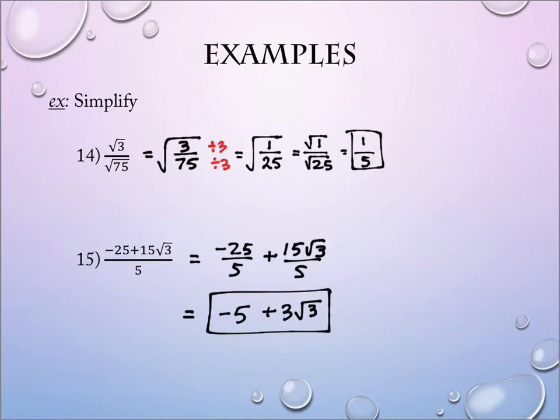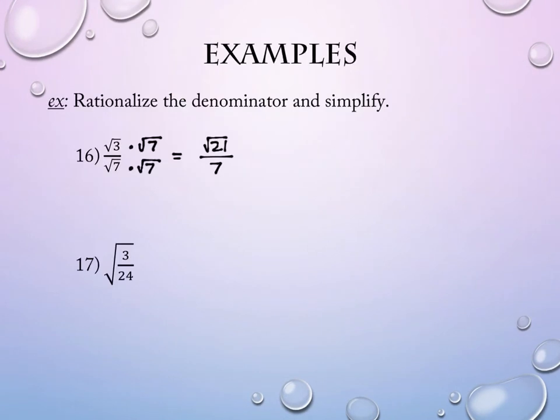The 5's in this problem were both on the outside of the radical. I had the ability to divide each of the values on the outside of the radical by 5. I don't have that here. One of them's underneath, one of them's not. So this is the most basic form of this particular answer that we can come to. I can't make it any simpler. Okay?